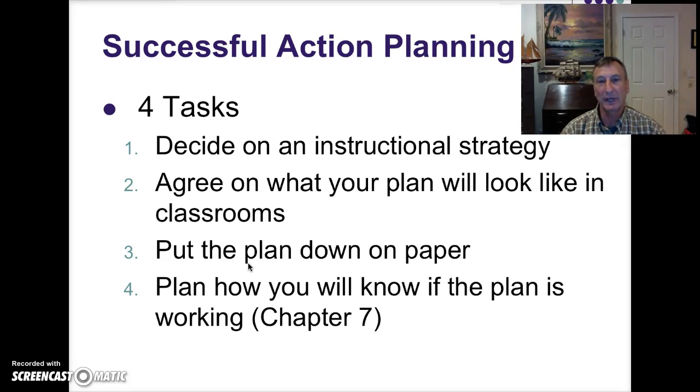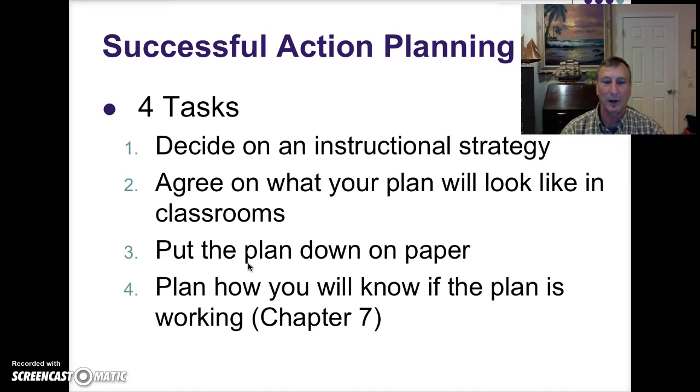So here we have 4 tasks. What's the instructional strategy in this case? What's the plan going to look like? Put the plan down on paper, and describe how you will know if the plan is working or not, which is the next chapter.